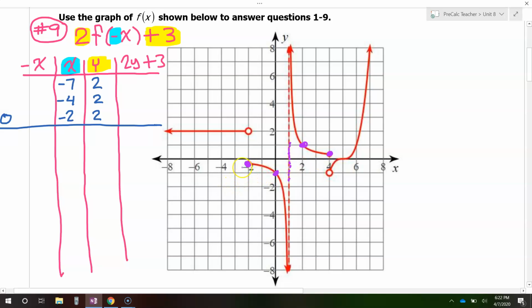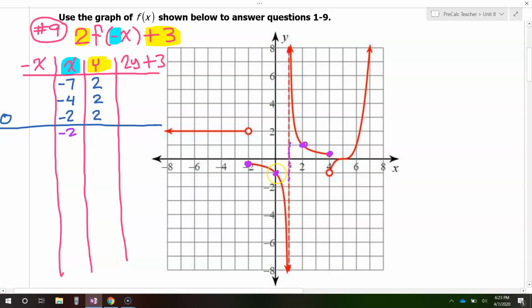Okay, so I've got -2 for my x value, so I'm going to have -2. For the y value, I'm going to have to come back to that in a second.